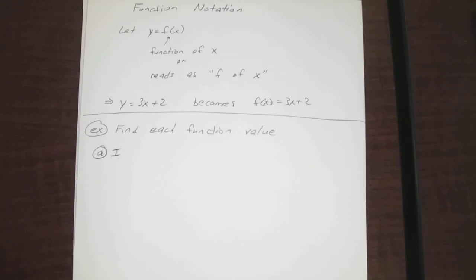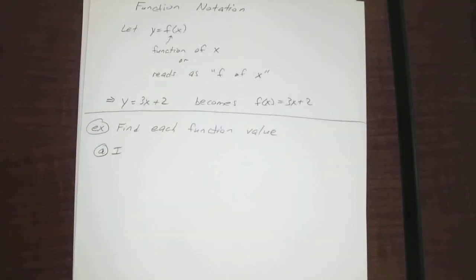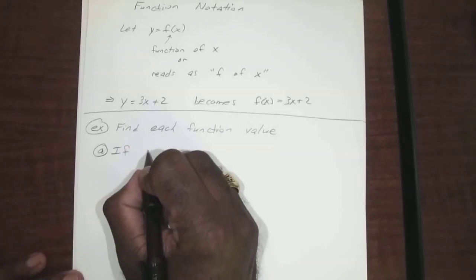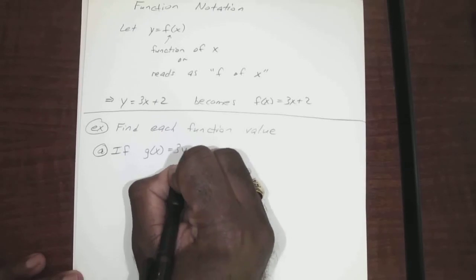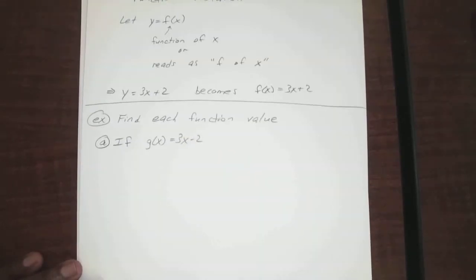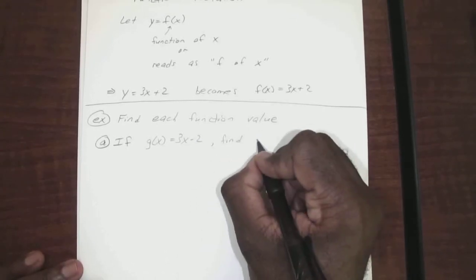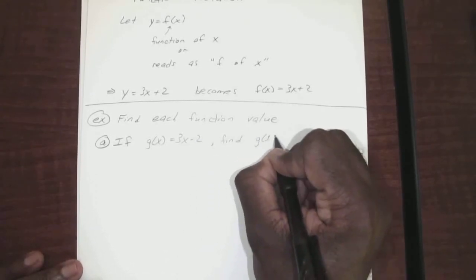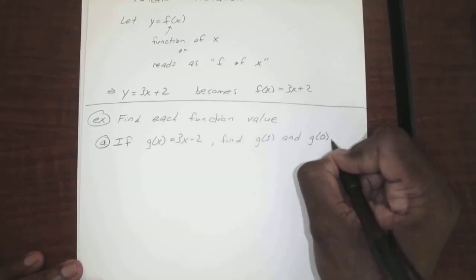It could be g of x, h of x, r of x, any variable at all, but the most popular one is f. So let's say g of x is equal to 3x minus 2, and we want to find g of 1 and g of 0.